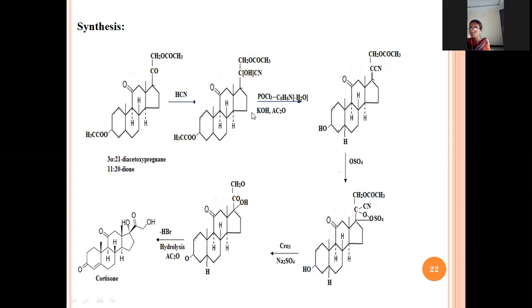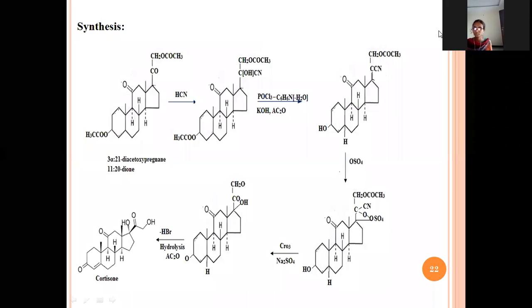Next, in the presence of phosphorus chloride, potassium iodide and acetic anhydride, the hydroxyl group is eliminated and the cyanide group remains as it is. In the presence of osmium oxide, in the 17th position the osmium oxide will get attached.